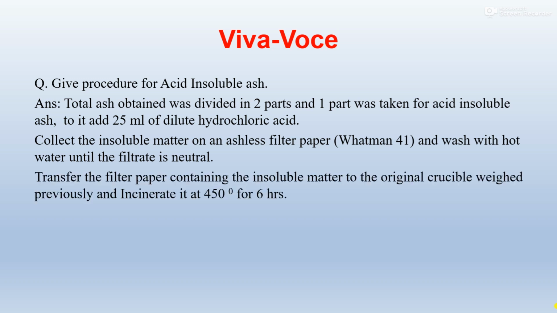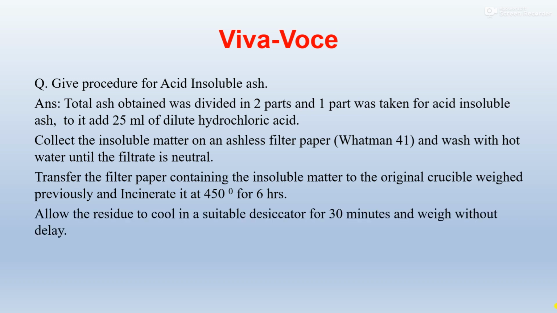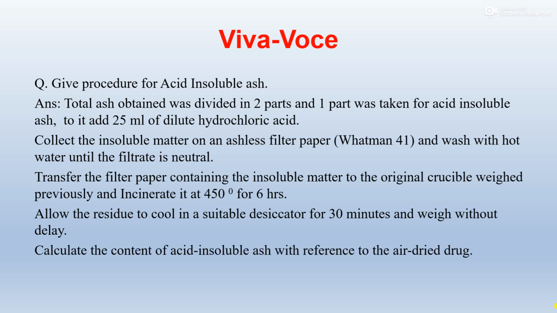Then it was transferred to the crucible and incinerated at 450 degrees for 6 hours. Then it was allowed to cool in a suitable desiccator for 30 minutes and weighed without delay. And the value of acid insoluble ash was calculated with reference to the air dried drug.